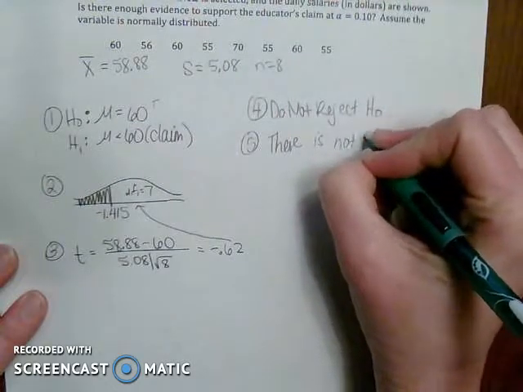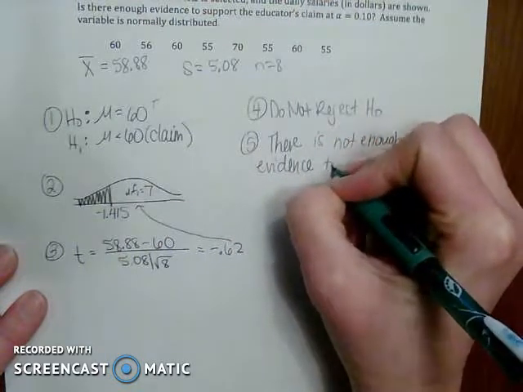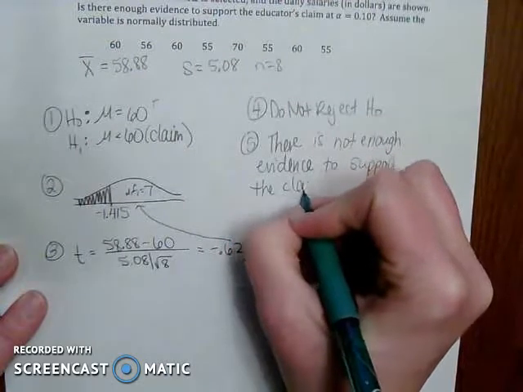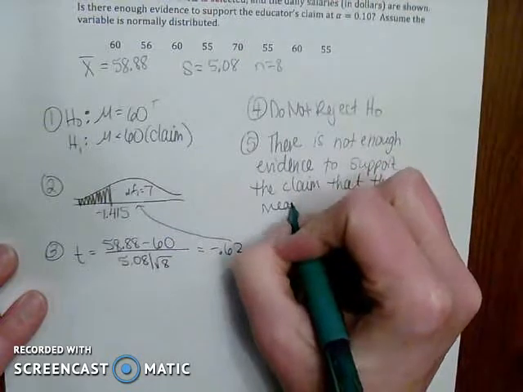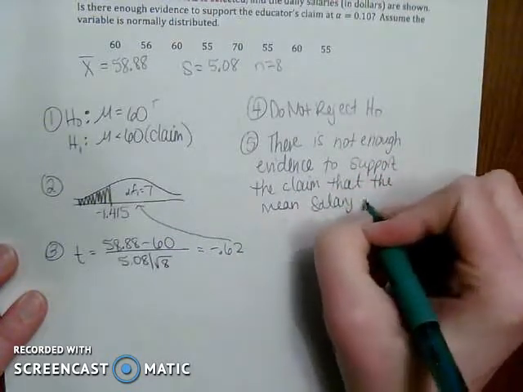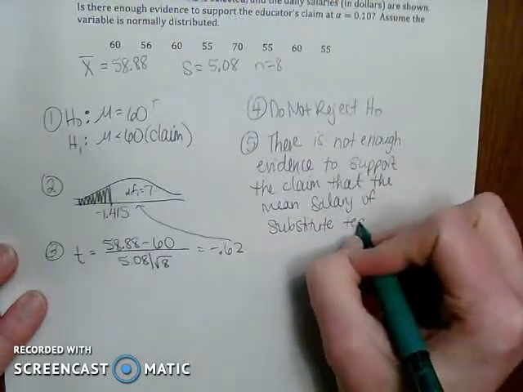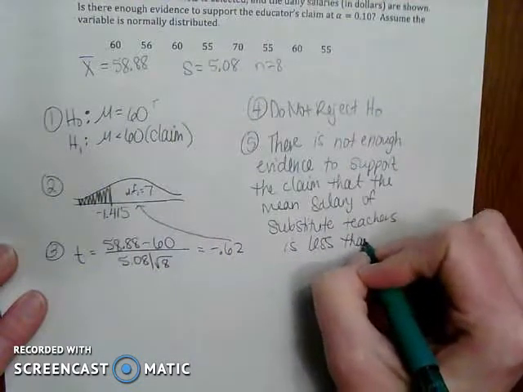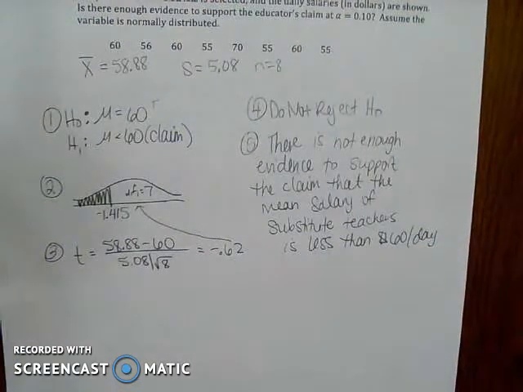There is not enough evidence to support the claim that the mean salary of substitute teachers is less than $60 per day. Okay, there's the end of chapter 8.